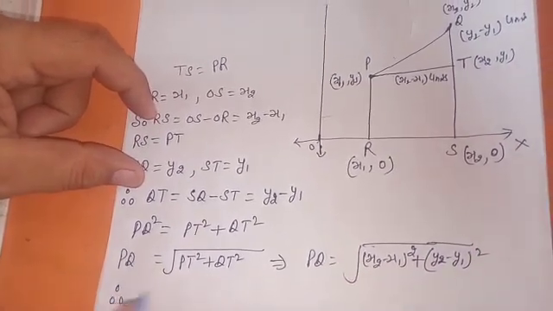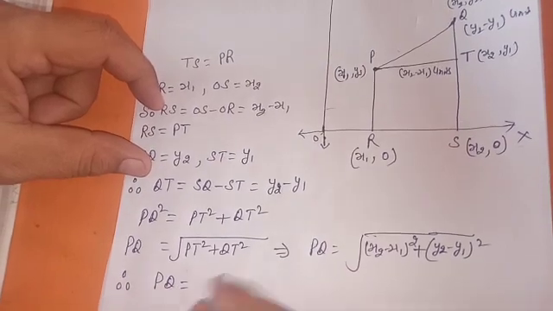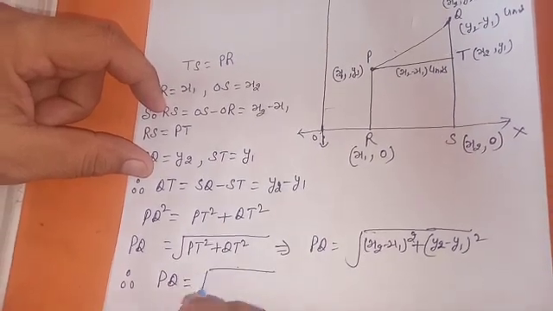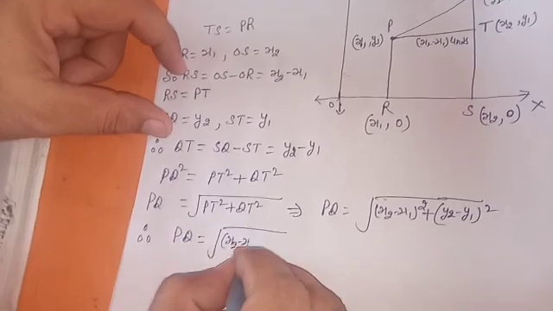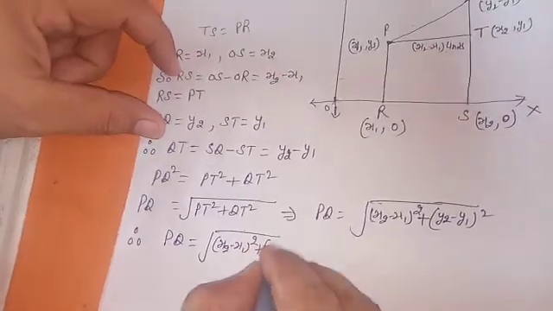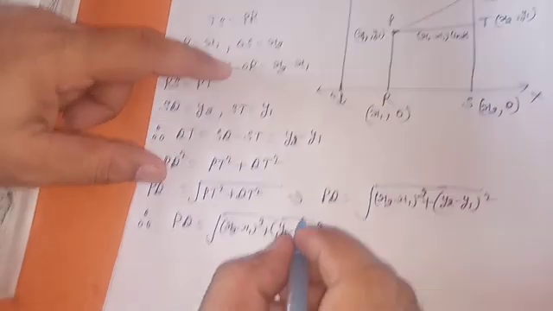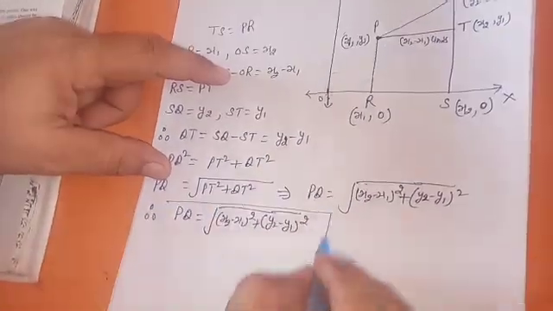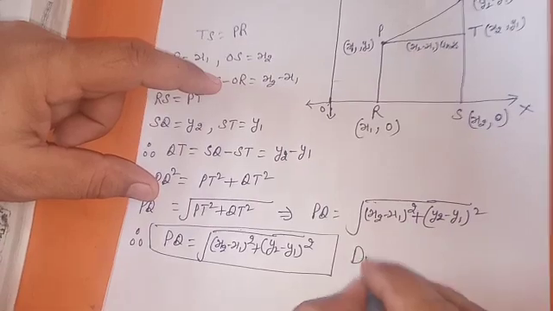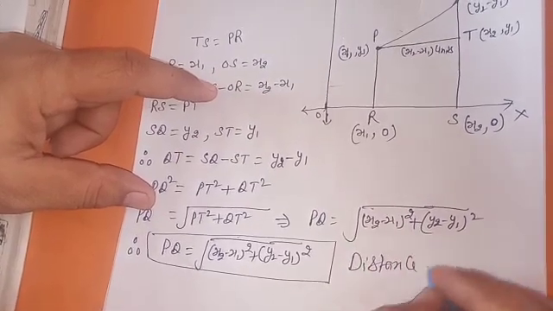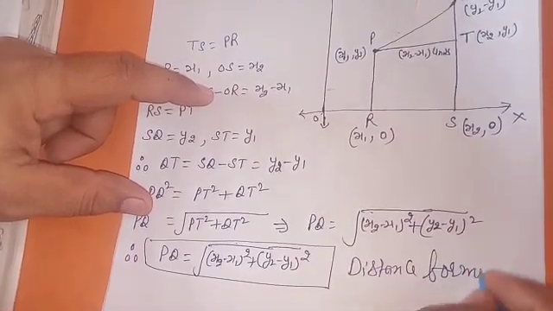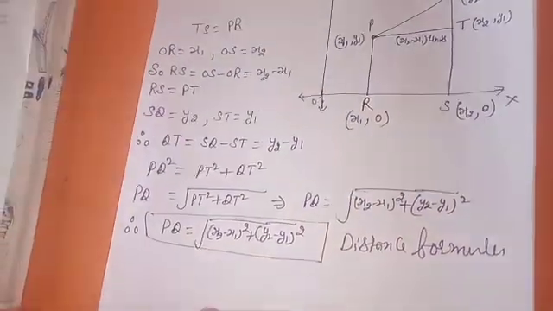Therefore PQ is equal to the square root of (x2 minus x1) whole square plus (y2 minus y1) whole square. And this is known as the distance formula. So in this way you can find it out.